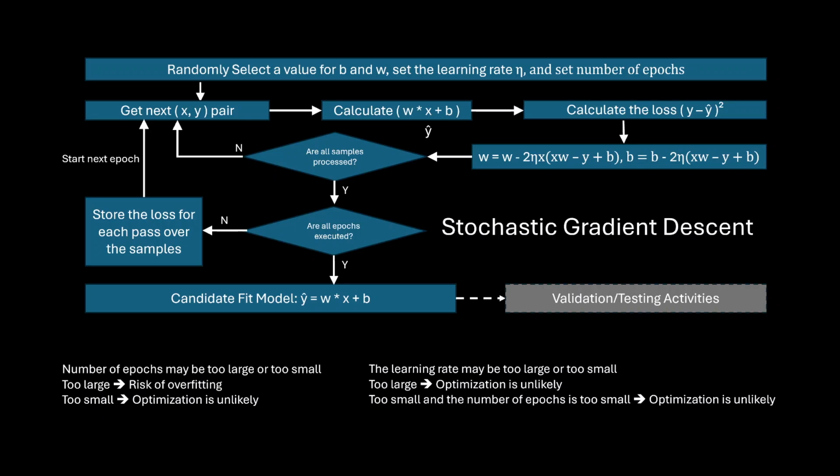You take very little steps and then you get close to the minimum, but you could do better, much better. You get closer to the minimum, but not very close. And so optimization is really unlikely. Optimization meaning you did not really minimize the loss function and you did not identify the right values for the weight and the bias.